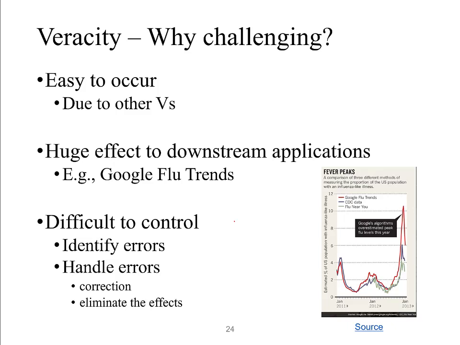So the veracity problem is challenging in big data because, first of all, it is easy to occur because of the other V's. For example, volume. There is more data, which means even if the mistaken ratio is the same, it will bring more mistakes or more uncertainties.